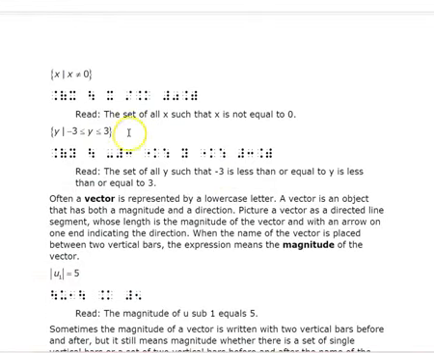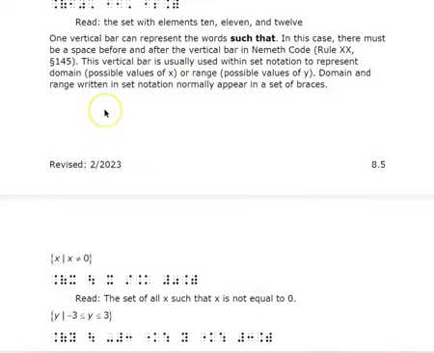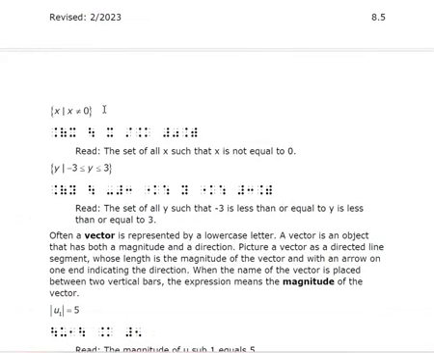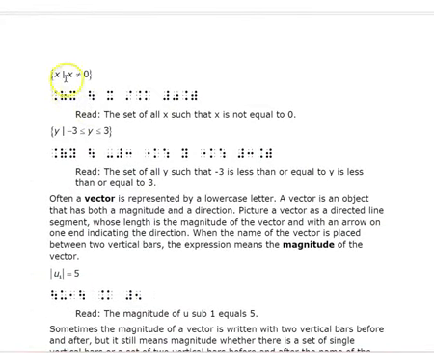Okay, so this is called the set of all X such that X is not equal to 0. It starts with your braces, or curly brackets, whatever you want to call it, 4, 6 of, as long as you use the right one.